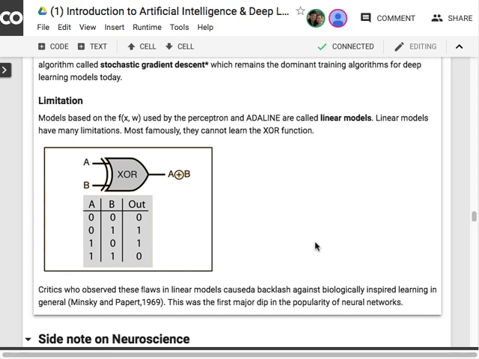Some researchers said it does not match the biological brain, because the biological brain can learn this pattern. So it became the major dip in neural networks in 1960.